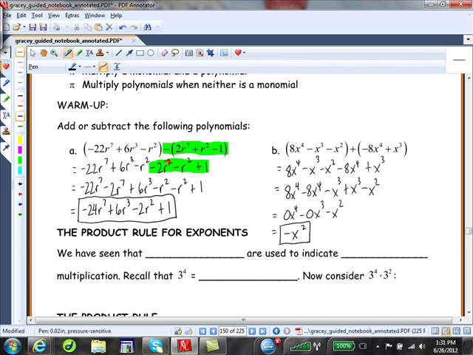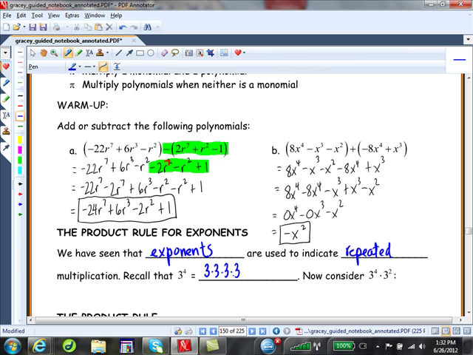All right, so here we go. The product rule for exponents. We have seen that exponents are used to indicate repeated multiplication. So recall that 3 to the fourth is equal to 3 times 3 times 3 times 3, 3 multiplied to itself 4 times.